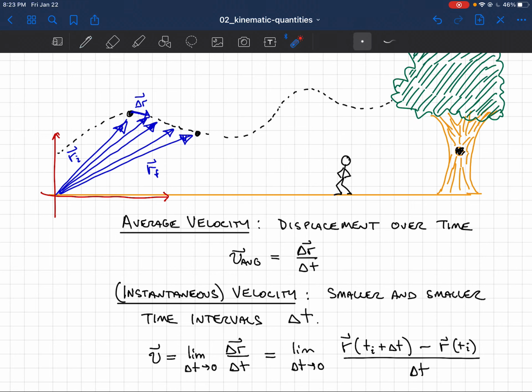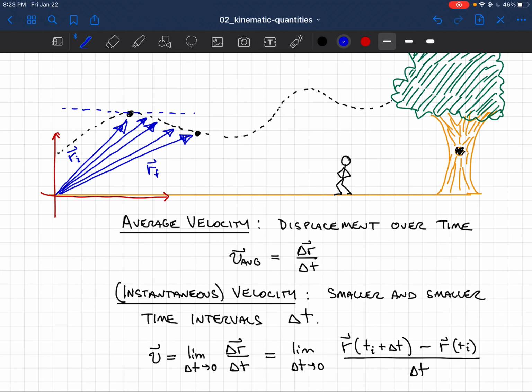And you can see, as you take the limit, as delta t gets very, very small, as it goes to 0, this point will head to this point. And what does that mean? It means that the final delta r will point exactly tangent to the curve. So delta r will be pointing along that line.